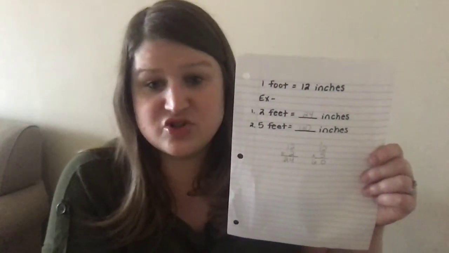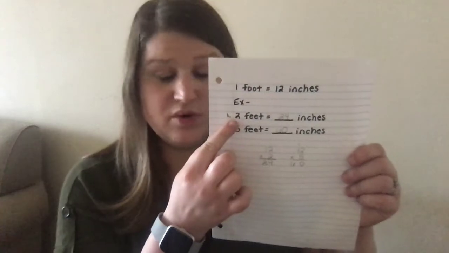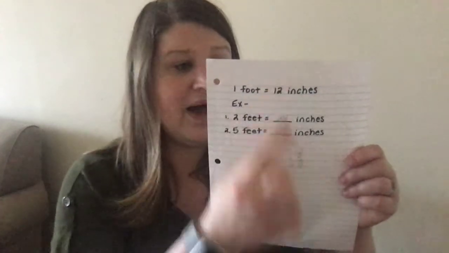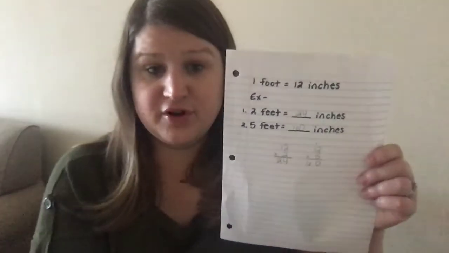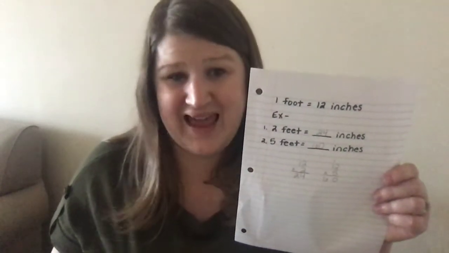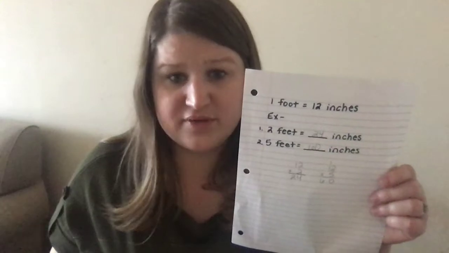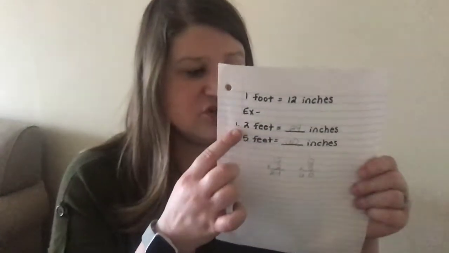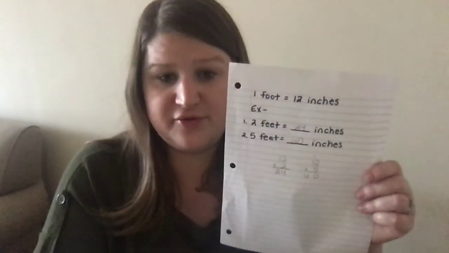How you get that is you're just multiplying 2 by 12. Adding 2, 12 plus 12 is 24. So then 2 feet would equal 24 inches.